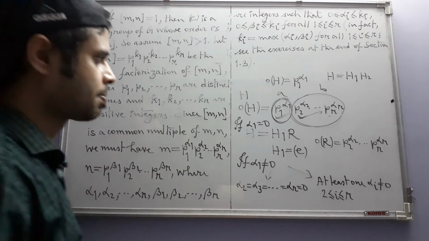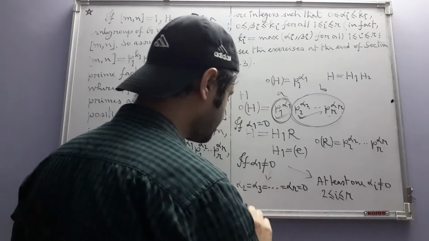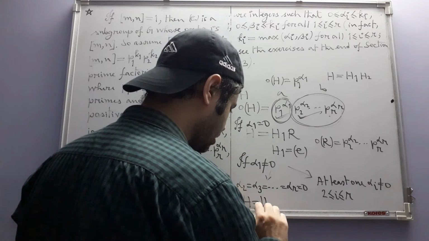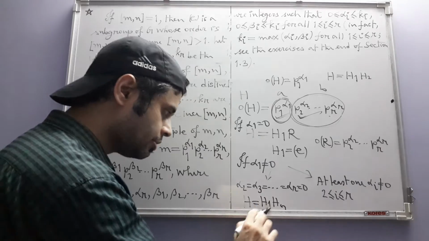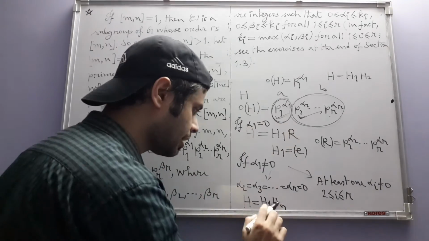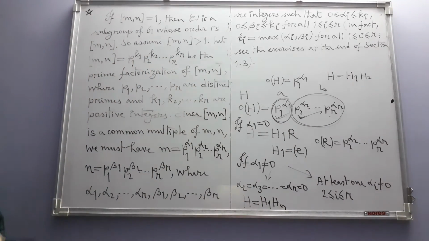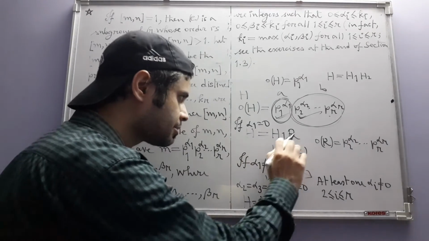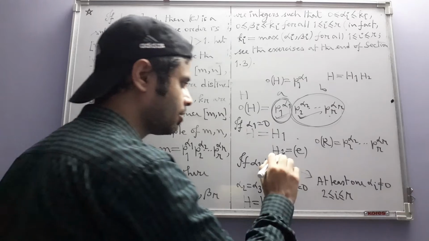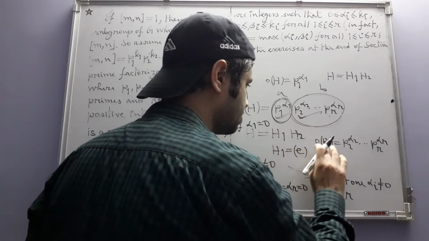Okay. In this case also we are able to write H as H1 H2. Here H1 is a subgroup of order this and H2 is the trivial group consisting of only the identity element. And in fact in the first case also we can call it, say, H2.